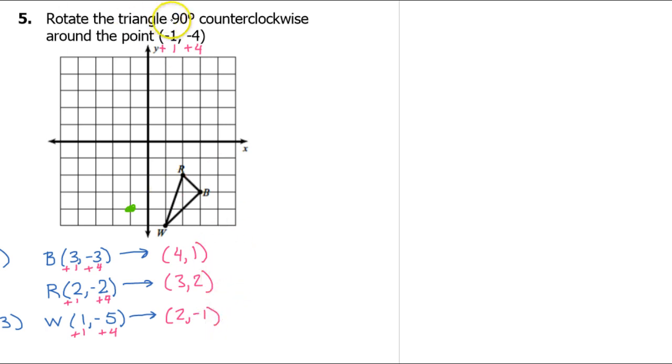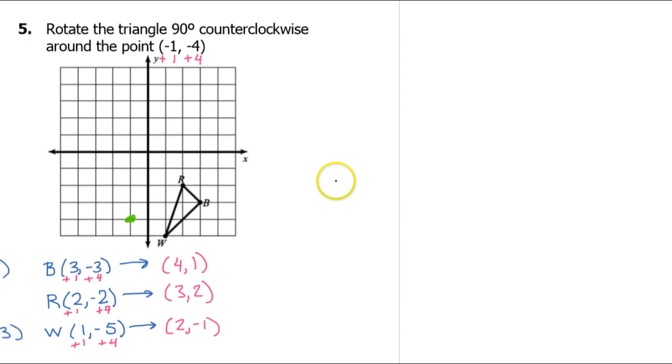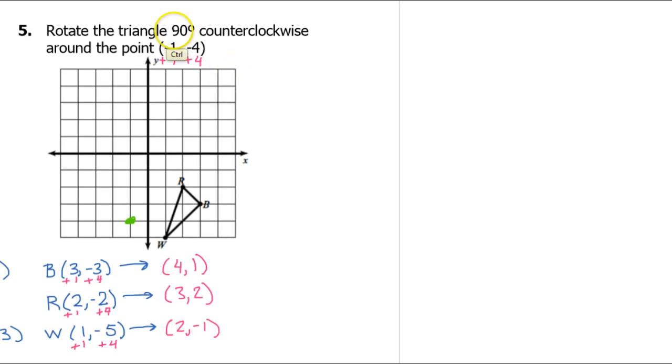Now I can use my rules, the same rules I would use if I were rotating around the origin, because now I have moved the center to the origin along with the triangle. So now you have to imagine that this picture is centered at the origin. So now I can use my rules.